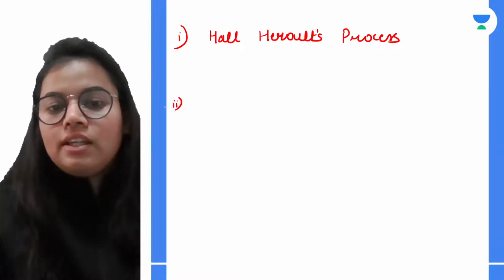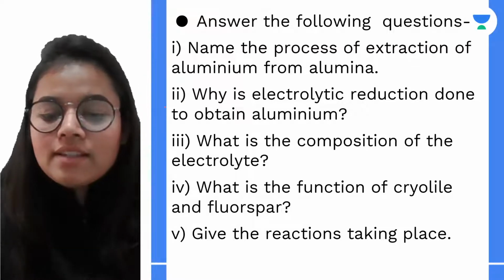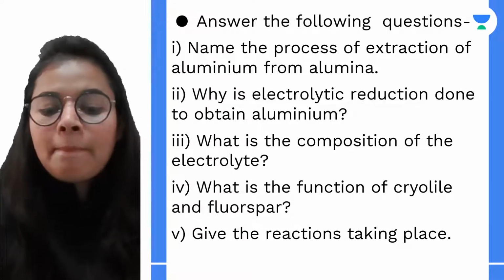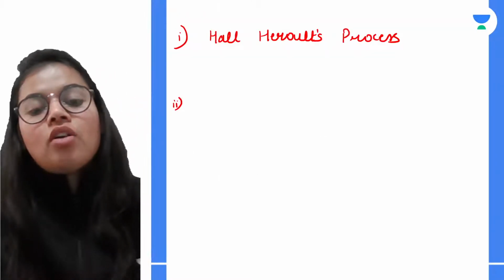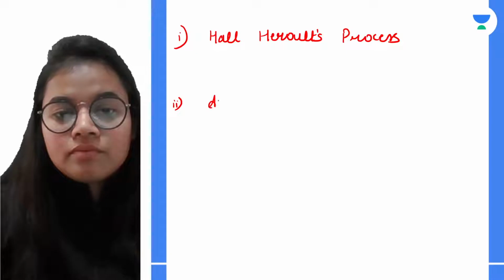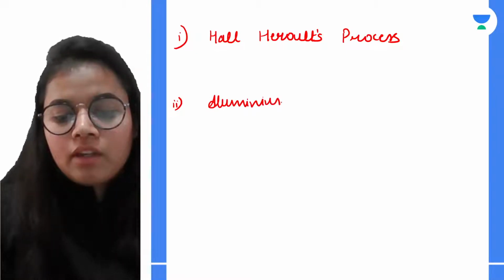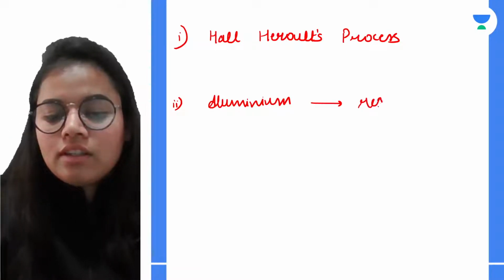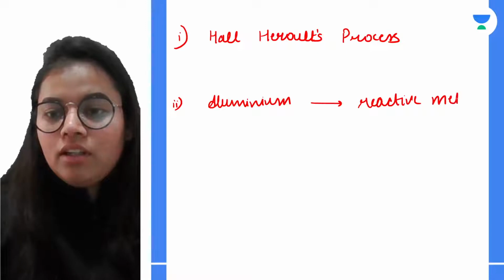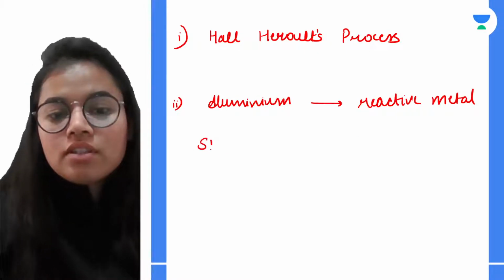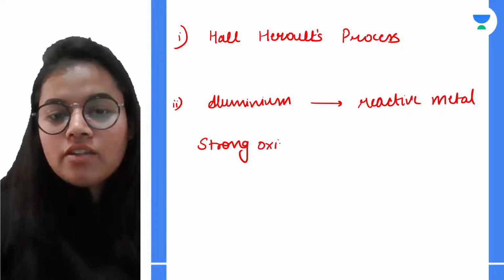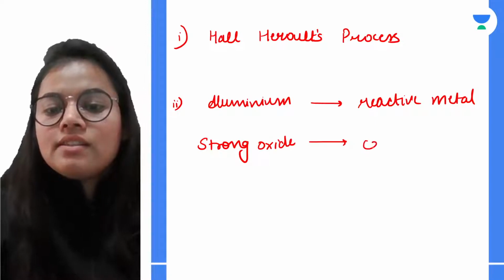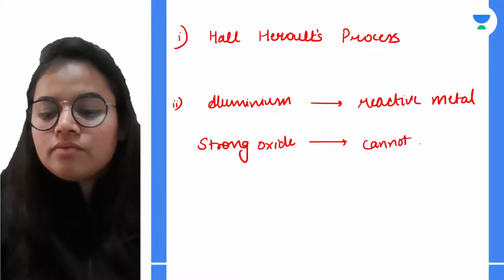Okay, second question is, why is electrolytic reduction done to obtain aluminium? If I talk about aluminium, it is a kind of reactive metal, and it forms strong oxides. The oxides of aluminium are strong, and they cannot be easily reduced to metals.